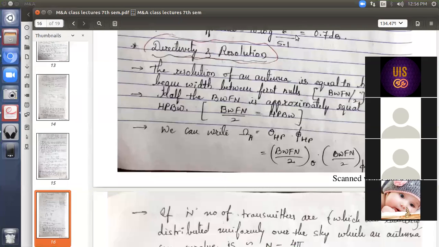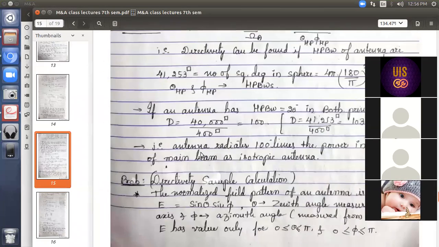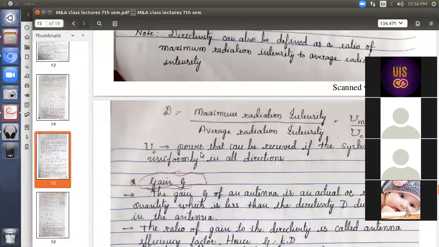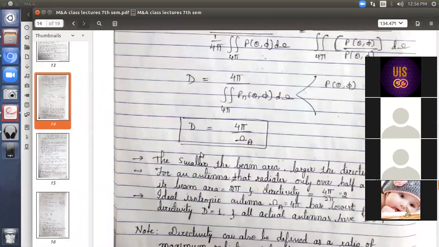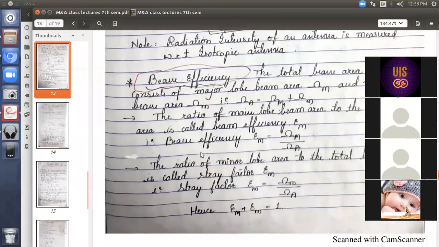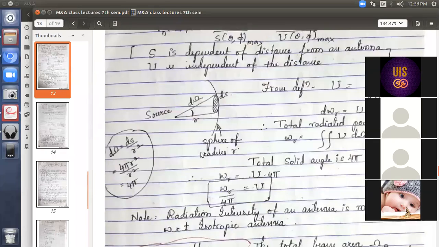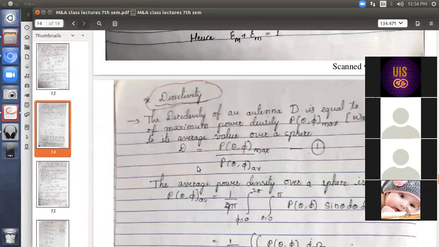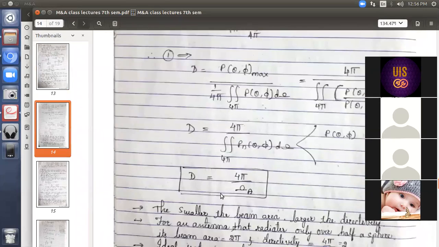In the previous class, we discussed the gain of the antenna, as well as directivity. We started with the radiation intensity, then beam efficiency, directivity.